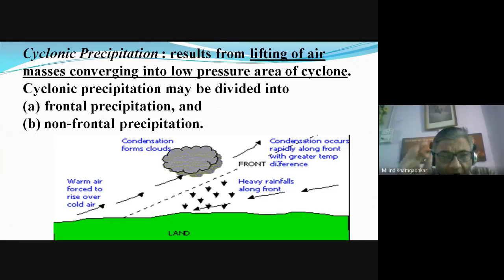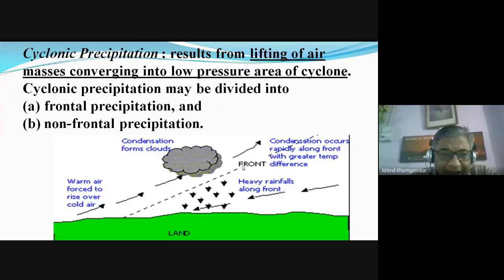When the hot air along with the water vapor flows from a water body like the sea and reaches the land and comes in contact with the cooler and denser atmosphere, a front or a layer is formed between the warm air and the cold air.